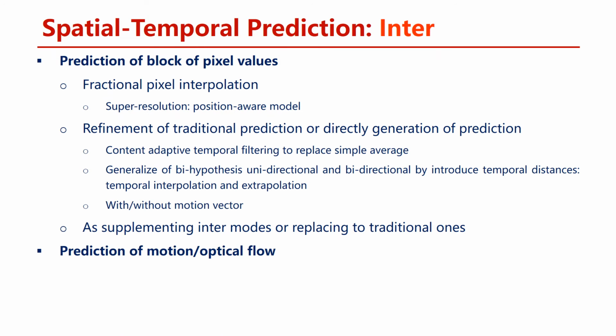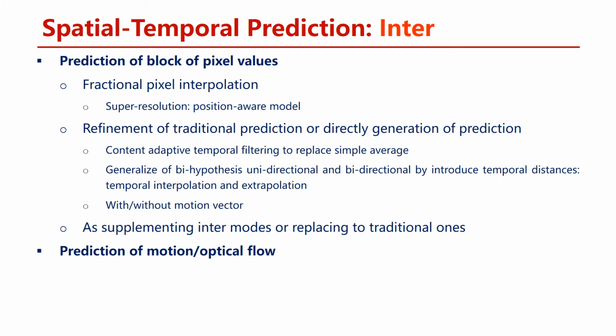A short summary for inter prediction module. Neural network can be used for prediction of pixels of blocks as well as prediction of motion and optical flow. For fractional pixel interpolation, it's quite similar to a super resolution issue.